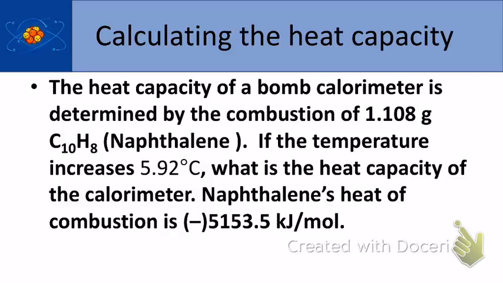We know the amount of energy that comes from the reaction from the heat of combustion. That's how much energy comes out when you burn it. And we're going to figure out what the energy absorbed by the calorimeter is.